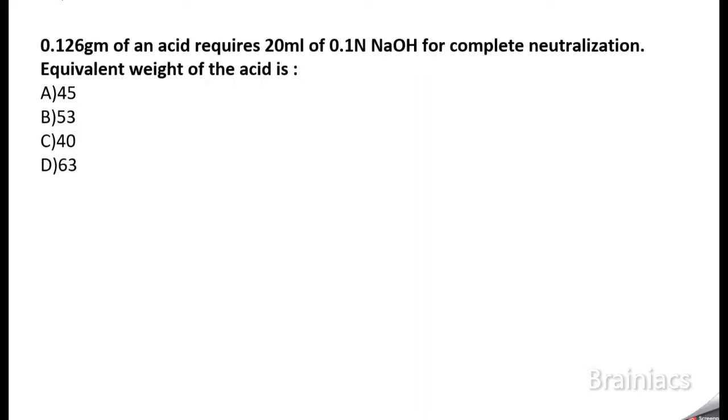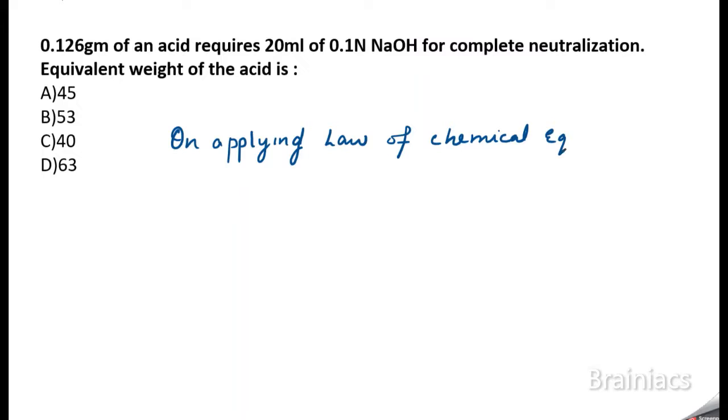So on applying the law of chemical equivalence we can write, what actually we know is that an acid is reacting with the base, correct? An acid plus base will give you what?